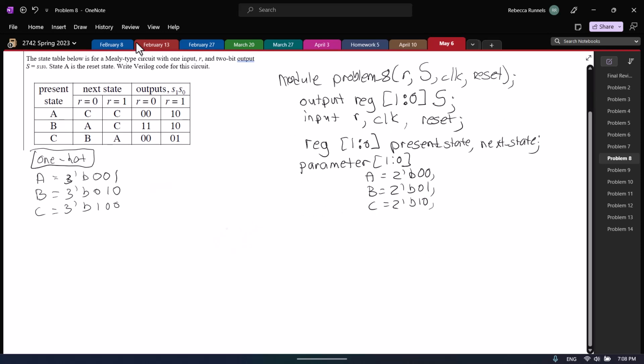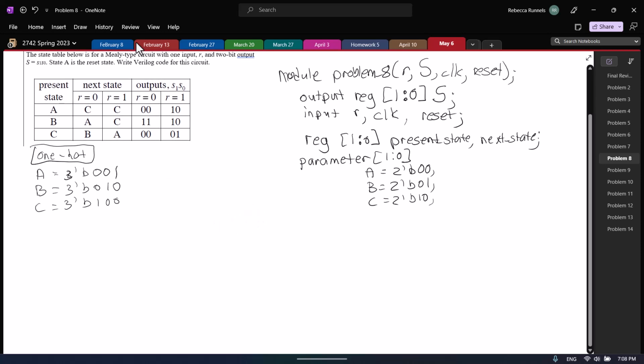Now we'll have our always block. So we'll have always, and this is our combinational, always at, either our input R or our present state.